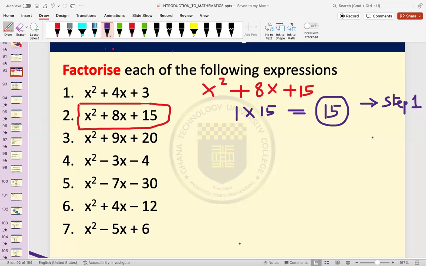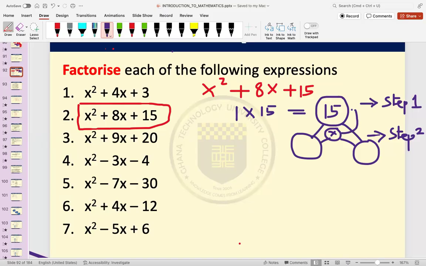Now step 2. Step 2 says that we should perform 2 activities. We should look for 2 numbers which, when you multiply them, you get your 15 back.